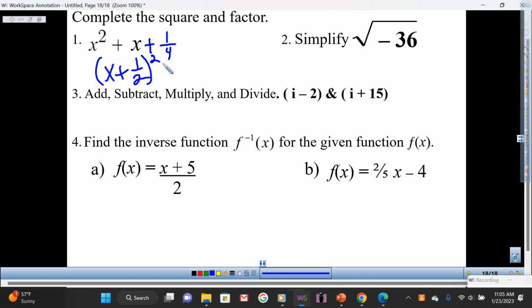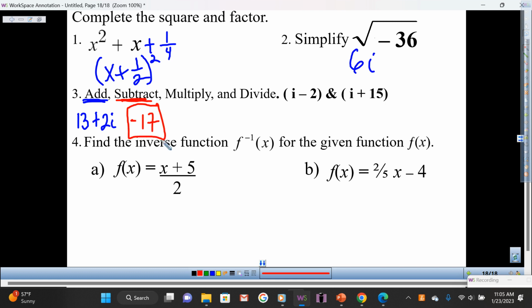Number 2, 6i, all right, so far so good. Addition, number 3, JP, what did you get? 13 plus 2i, that is correct. How about subtraction? What did you get for subtraction? Jessica?